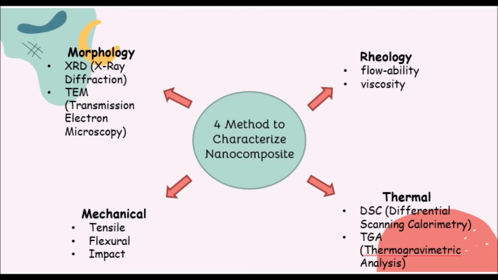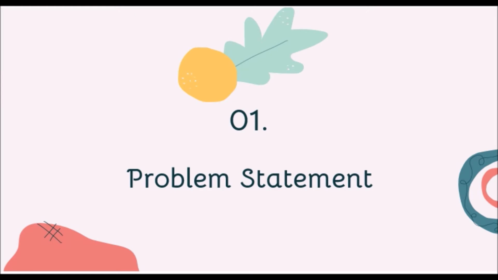DSC is used to measure the thermal stability. And the second one is the TGA, which is thermogravimetric analysis, which is to know the decomposition temperature of the nanocomposite.